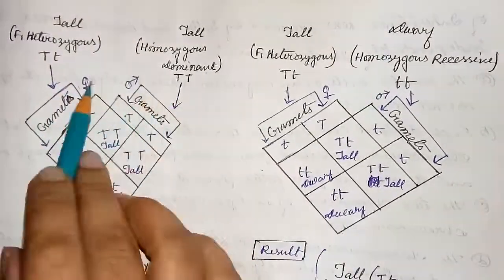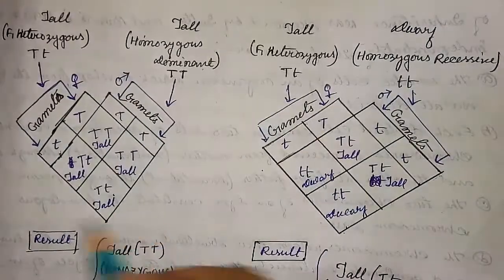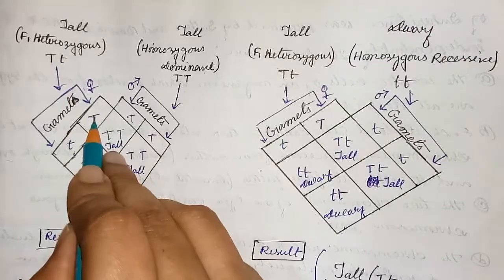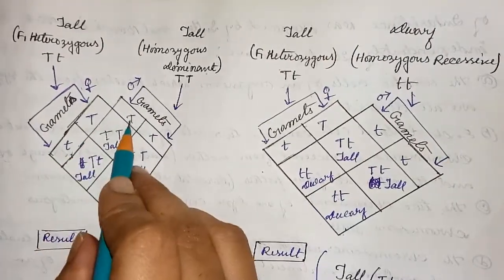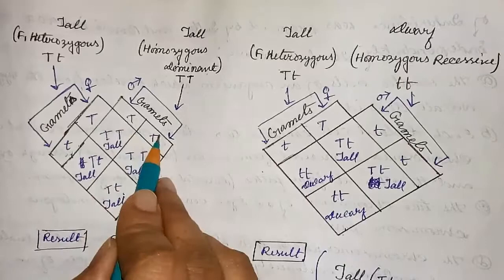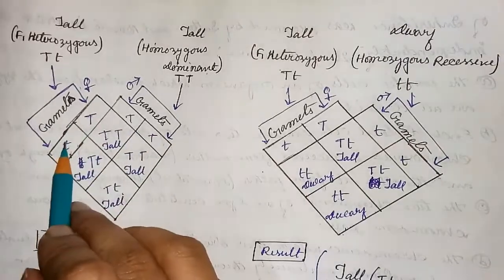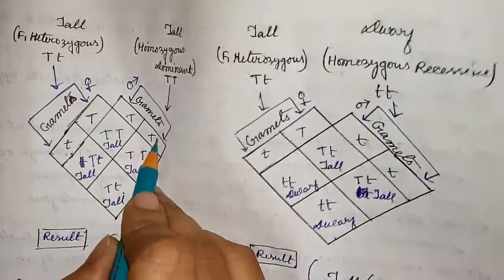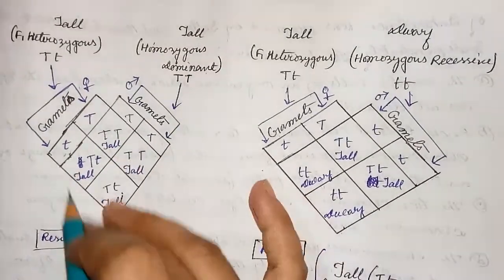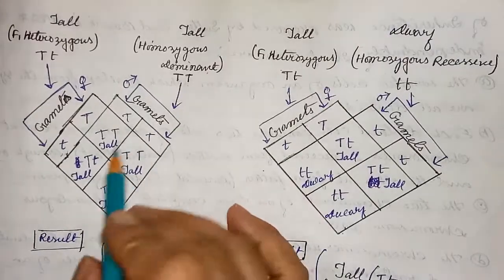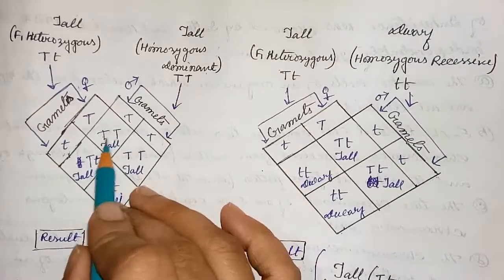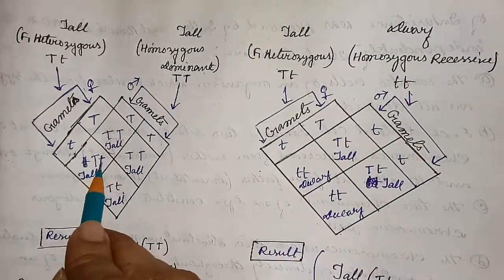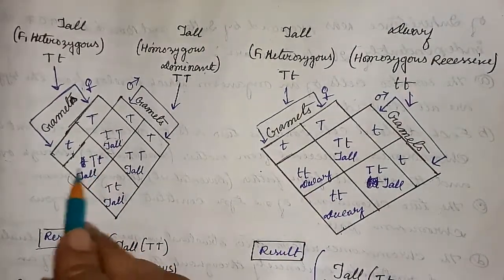Now the cross is made between them, and the result is gamete capital T and small t, and here is another gamete, that is capital T, capital T. This gamete crosses with capital T, capital T. So it is called a Punnett square, where we can see the result: capital T, capital T, that is the tall plant, and capital T small t, that is another tall plant, but that is heterozygous.